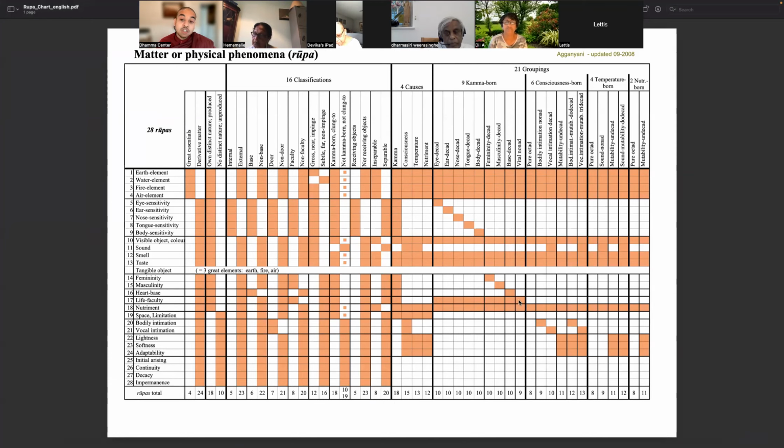Then we have consciousness-born, temperature-born, and nutritive-born Rūpas, right?